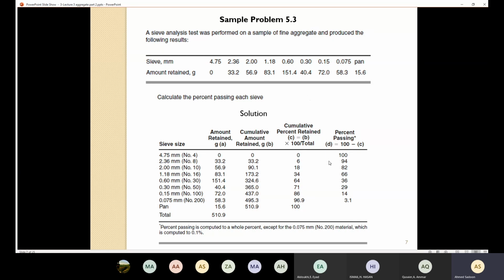So the value here is going to be 100% minus 6, and the value there is going to be 100% minus 18. Even though in the lab we did it in a different way, you can do the process in different ways, but at the end you need to come up with the percentage passing.